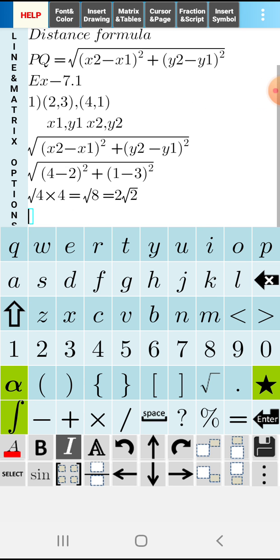This is the answer. Like this you have to put the formula and solve the question. By using this distance formula you can solve that.